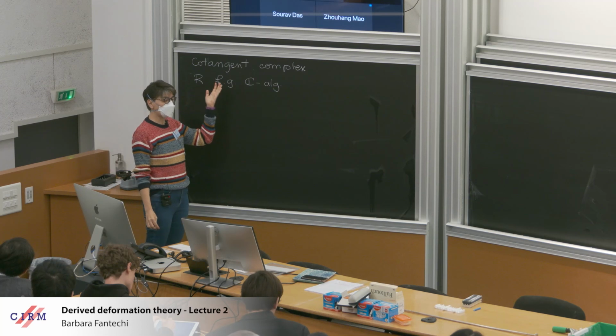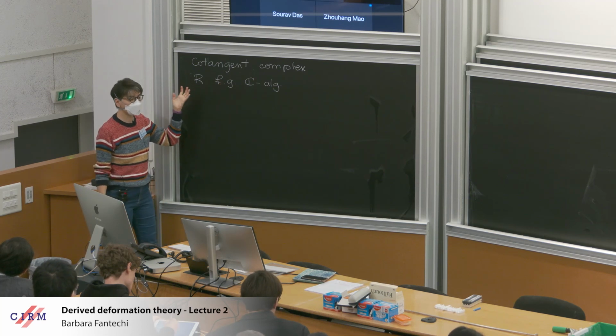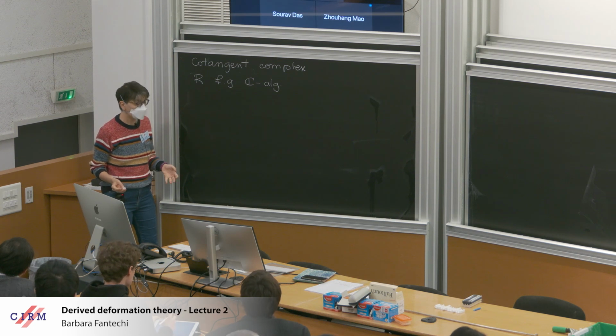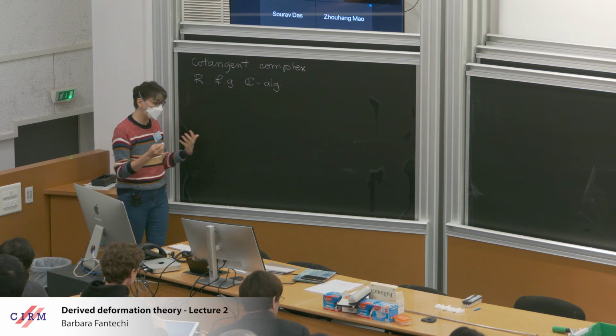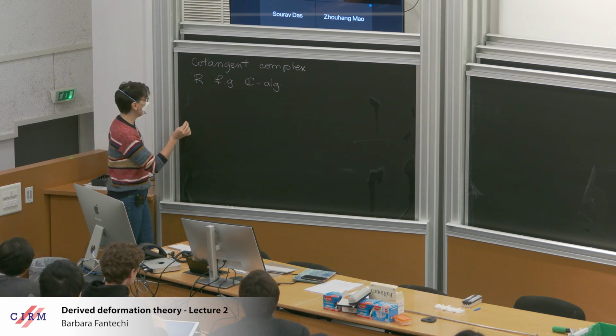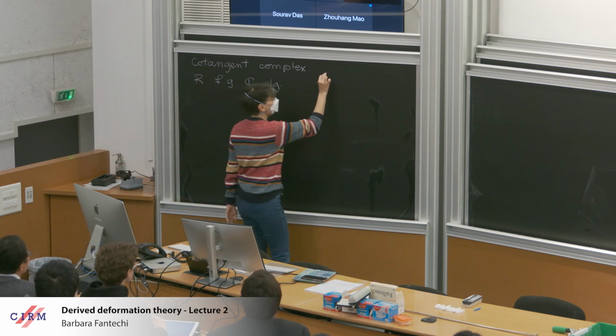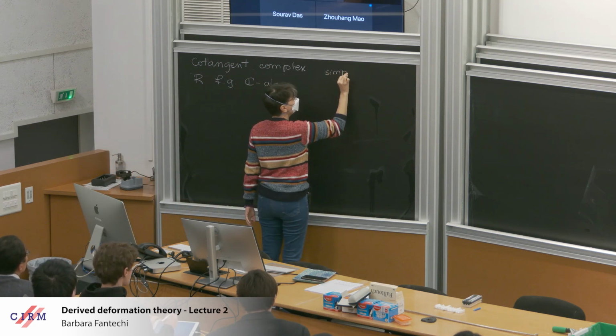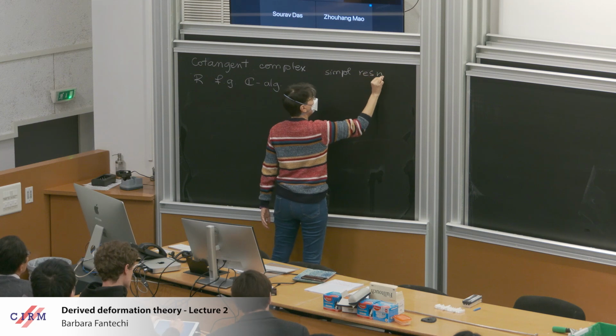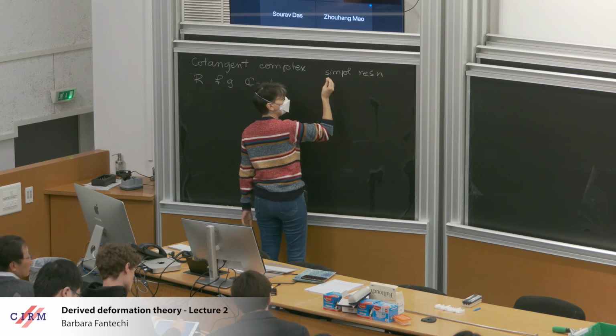And in some sense, the idea is I would like this to be smooth, but in general, it is not. And so what I can do is there is something like a simplicial resolution, which would work also over any field or with no field.